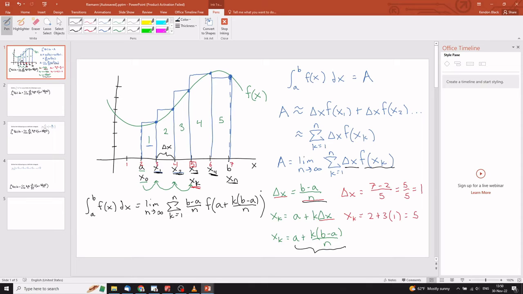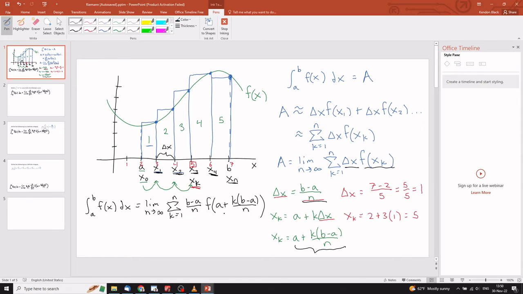Okay, so this is the final equation that relates the definite integral form to the infinite limit of the Riemann sum form. And we're going to be answering questions where we're given the area in terms of a definite integral, and we're going to have to convert that to Riemann sum form, or vice versa. We're given the Riemann sum form, and we have to convert that to the definite integral.